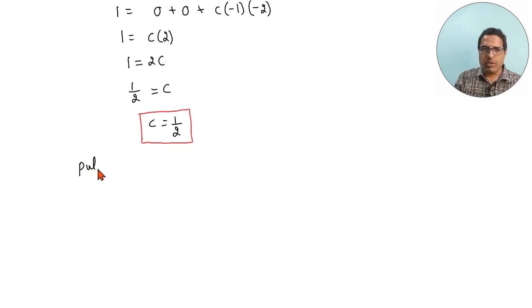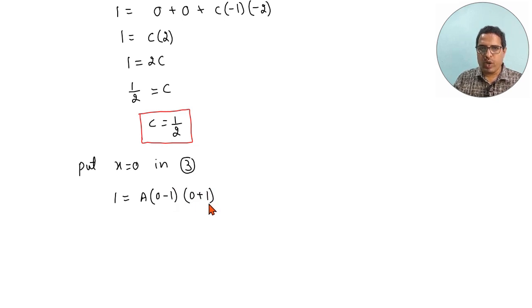Put x equal to 0 in equation number 3. 1 is equal to a into (0 minus 1) into (0 plus 1), plus b times x, where x is 0, so 0 into anything is 0 itself, plus c times x, where x is 0, and again 0 into anything is 0 itself.